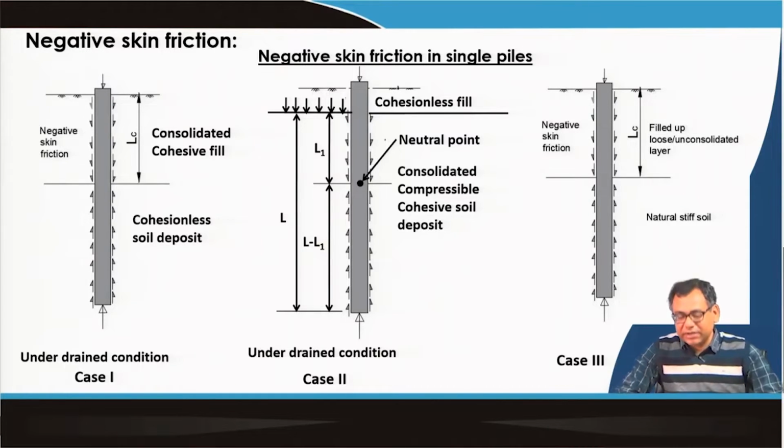And in the third condition, you can place a cohesionless or cohesive fill over a stiff soil. Now, let me explain how we can calculate the negative skin friction for these conditions.